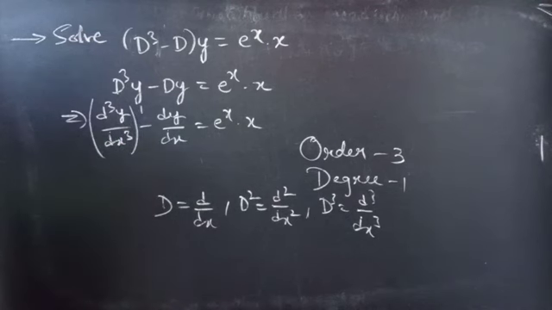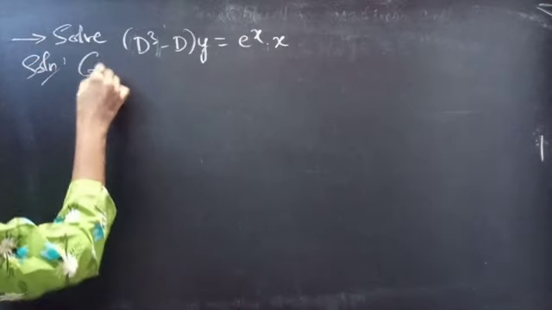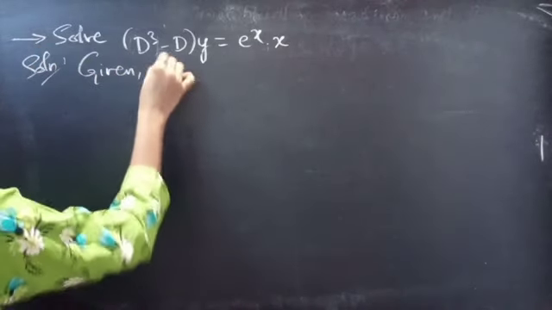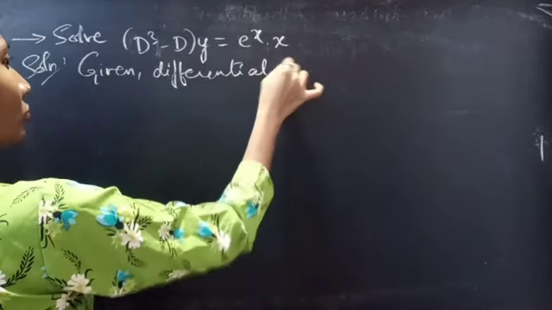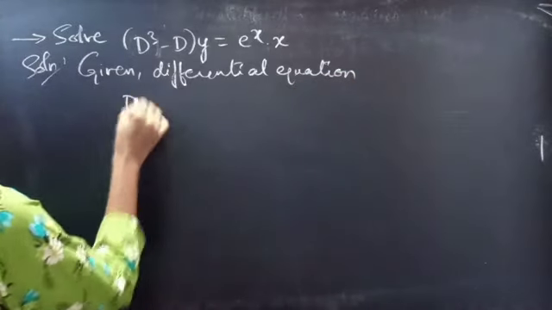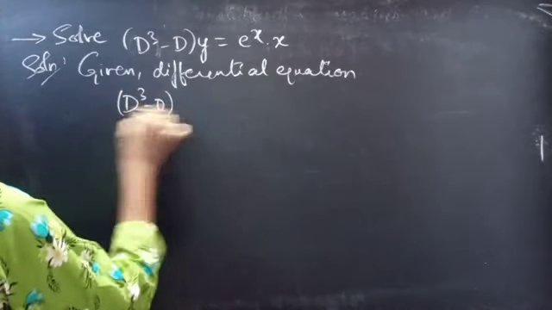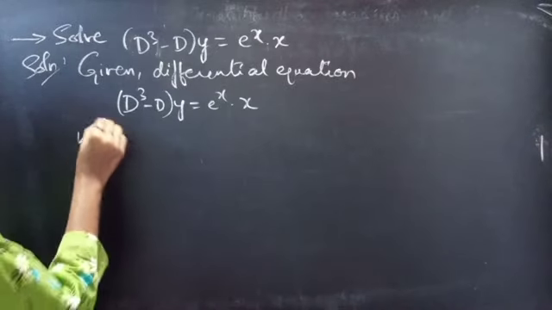Now coming to the problem. Given differential equation, (D cube minus D) y equals e power x into x, which is in operator form.